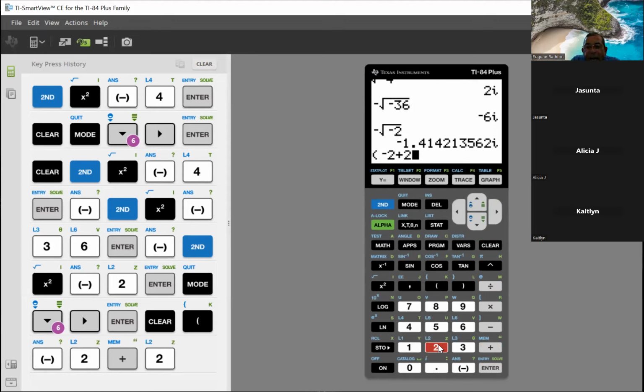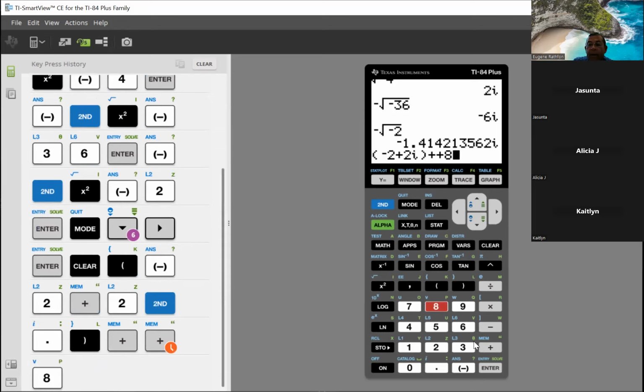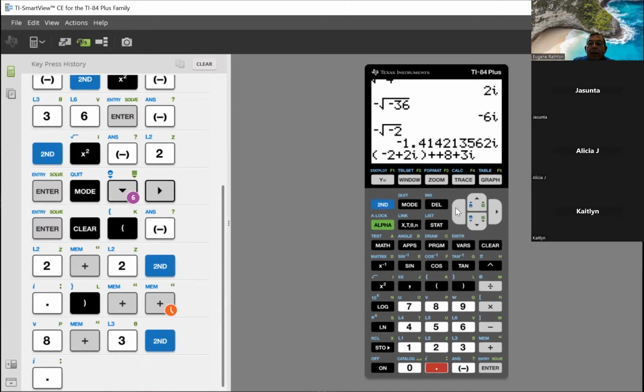To get the i, do you see above this decimal, there's a little blue i? So to get that i, you would hit the blue second button and then that decimal. And that brings you up to i, close parentheses, and then it was plus parentheses, 8 plus 3i. Remember, to get the i, I'm going to hit second decimal. Now, y'all, let me go back. I need to fix this. That should have been a parenthesis there.